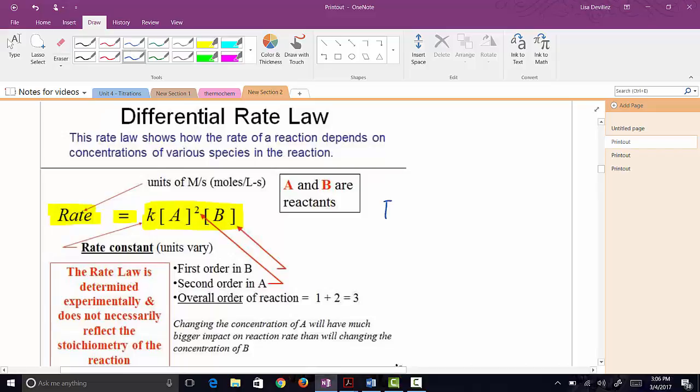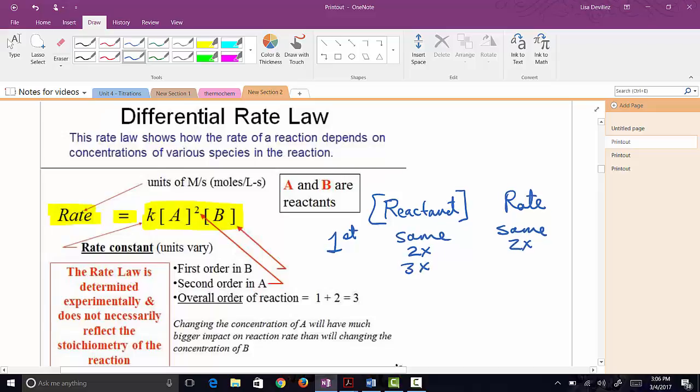Okay, so first order, I kind of think of that as same. So I'm going to make a little table. So reactant concentration versus the rate. And so for first order, I just call that same, meaning if I double it, it doubles the rate. If I triple it, it triples the rate, and so forth.